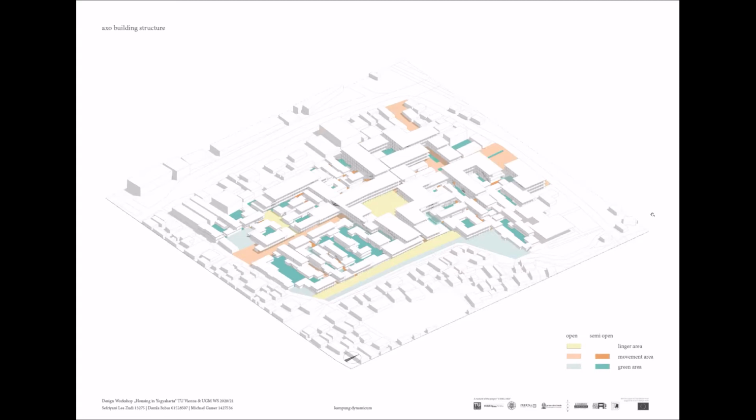But the structures are flexible and they can grow as required. So it's a mix between big structure and smaller structure, where the smaller structure should grow out of the bigger structure and should become a unit.